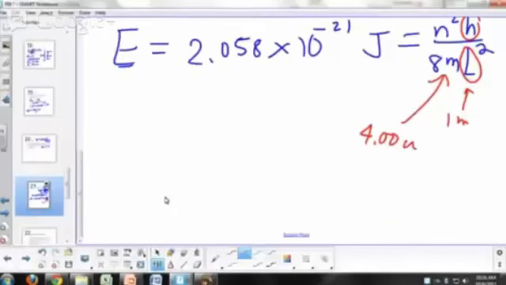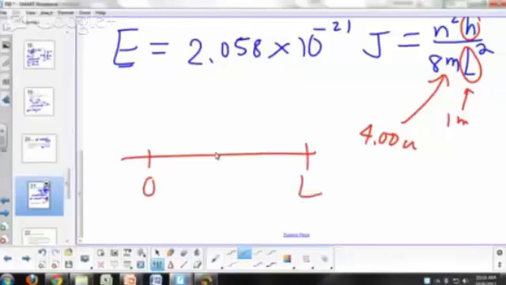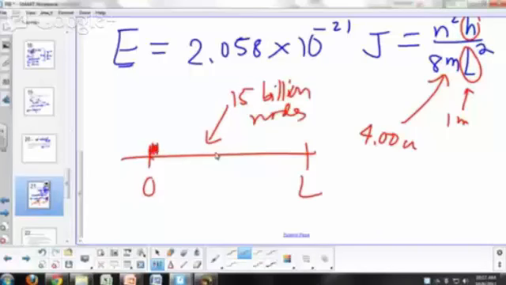So you have a 1 meter box from 0 to L. You're going to have 15 billion nodes here for your psi. So you have 15 billion cycles there.